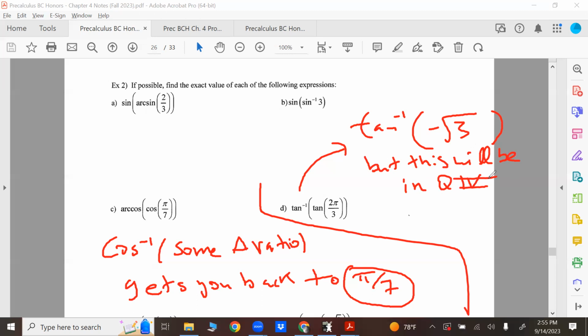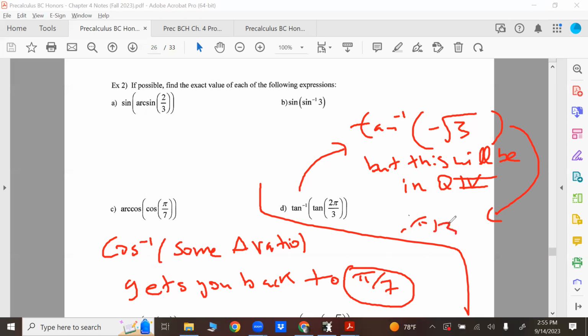Why is that going to be in Q4? Because the inside is negative, right? And remember, inverse tan is from Q1 and Q4, so the right side of the y-axis. So what angle are you going to go with then? You're going to say negative pi over 3.